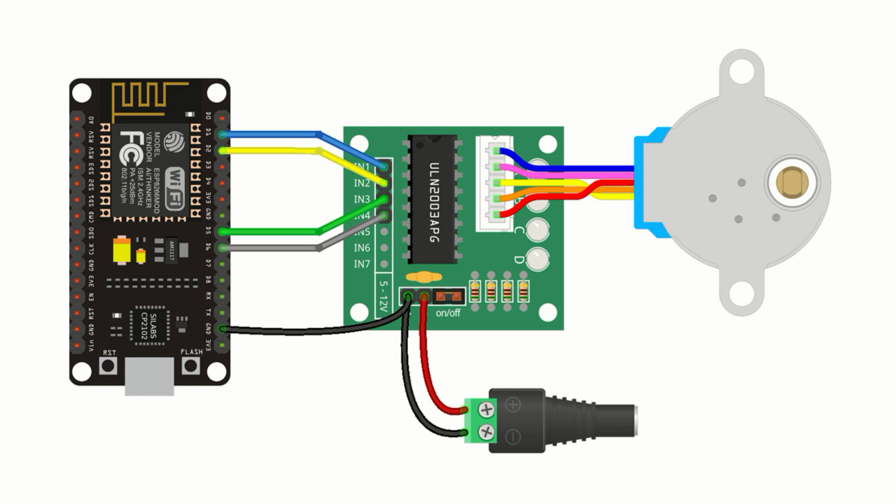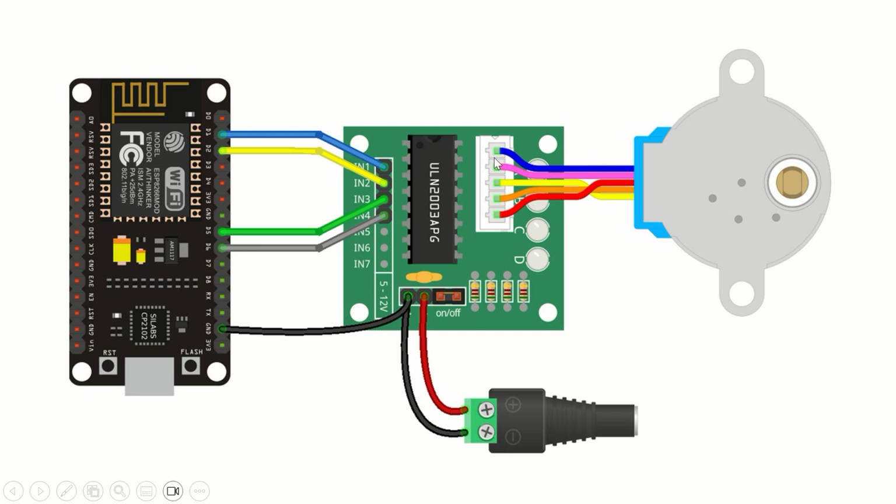That means 200 times you have to give, let's say 1000, then 0100, then 0010, then 0001. If you give that pattern 200 times, it will complete one revolution.